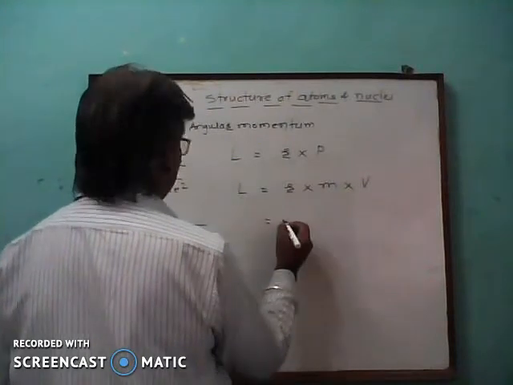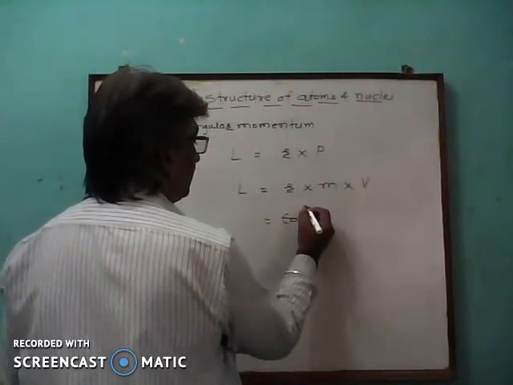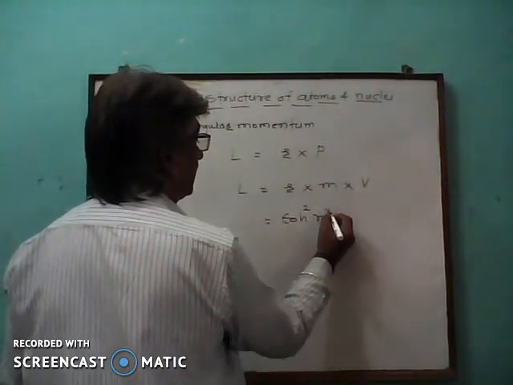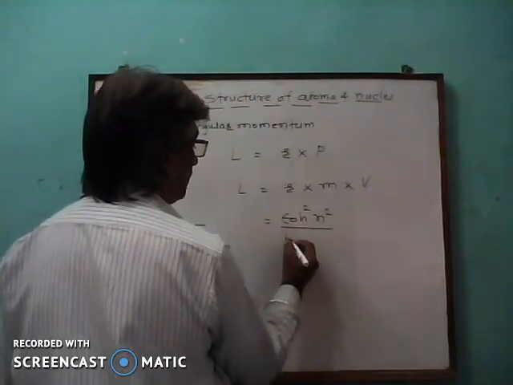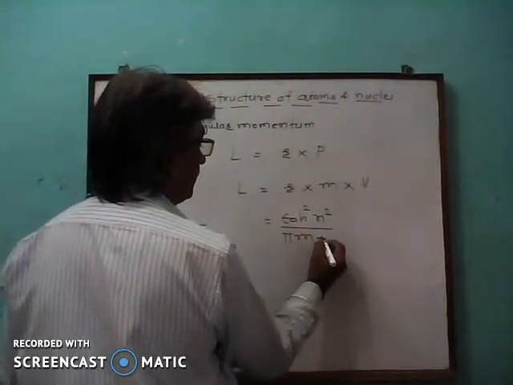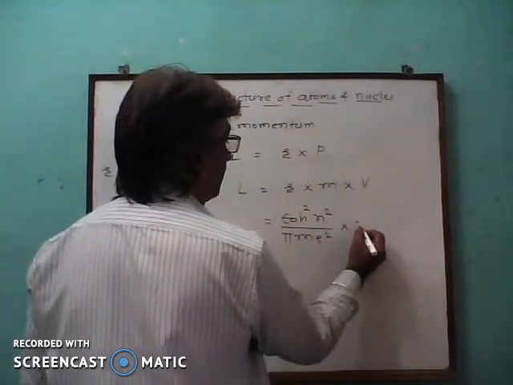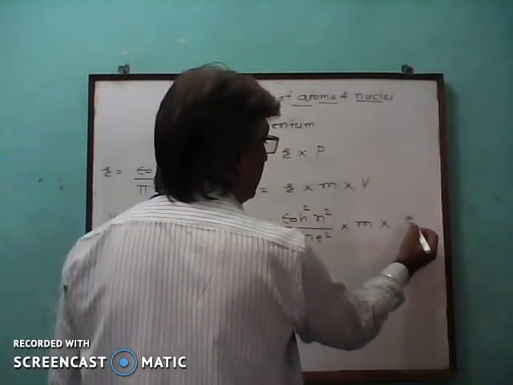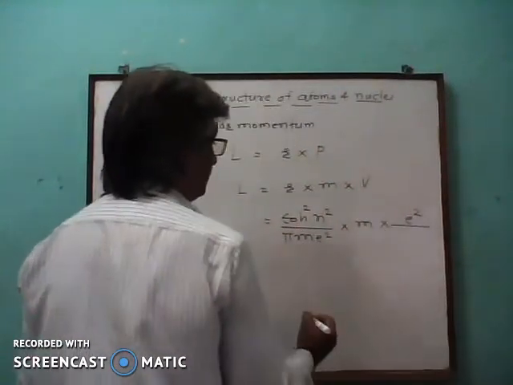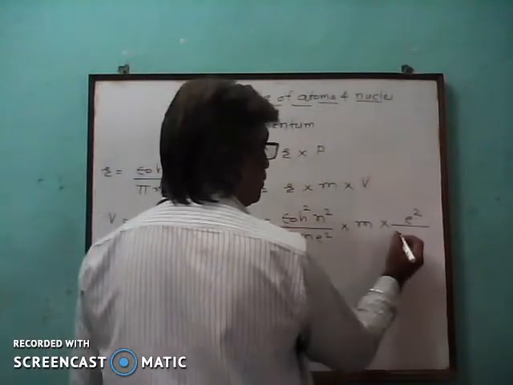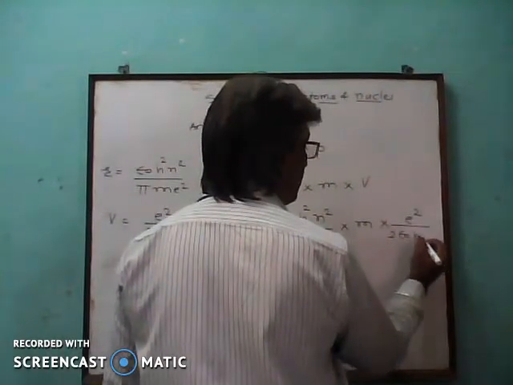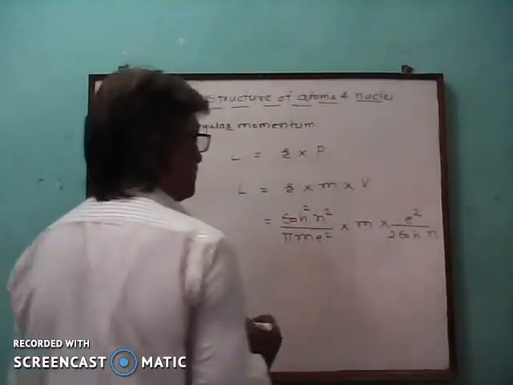If we substitute the value of R and v, what happens? R will be epsilon 0 h square n square upon pi m e square multiplied by m multiplied by e square upon 2 epsilon 0 h n. Which terms can be cancelled?